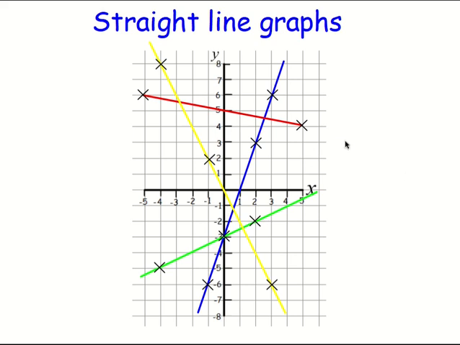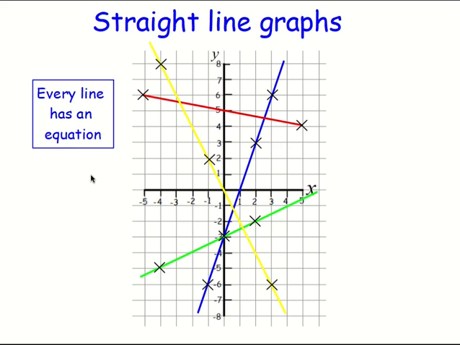But how do we distinguish between these lines? Well, they need to have an equation to distinguish them. So every single line has an equation. That's how we define each of these lines.